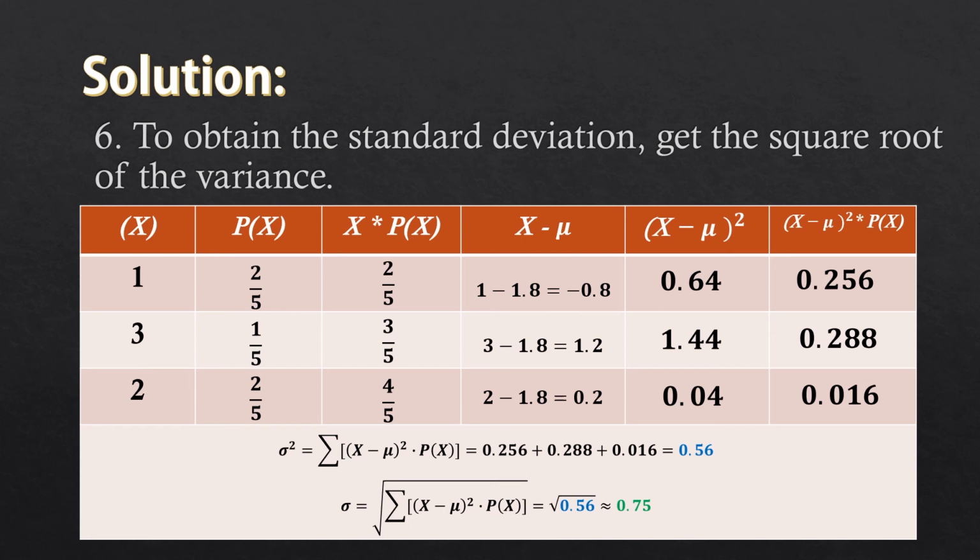So this is the standard deviation of our probability distribution, which is about the numbers on the balls. So that's it for our discussion about the variance and the standard deviation of a discrete random variable.